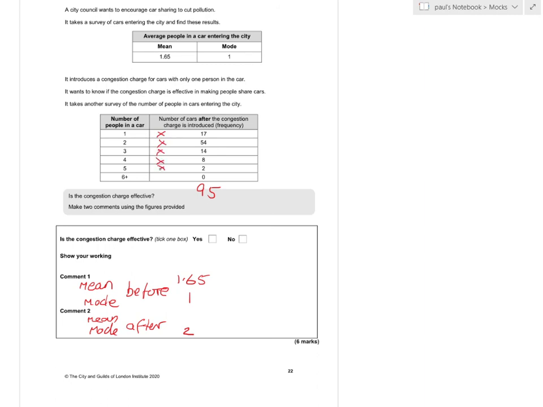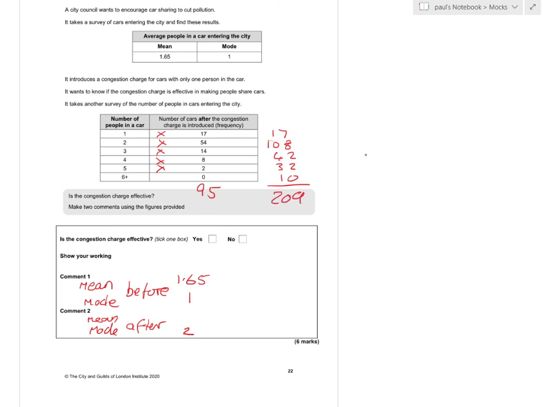So 17, 2 54s is 108, 3 14s is 42, 4 8s are 32, and 2 5s are 10. So 17 plus 108 plus 42 plus 32 plus 10 equals 209.